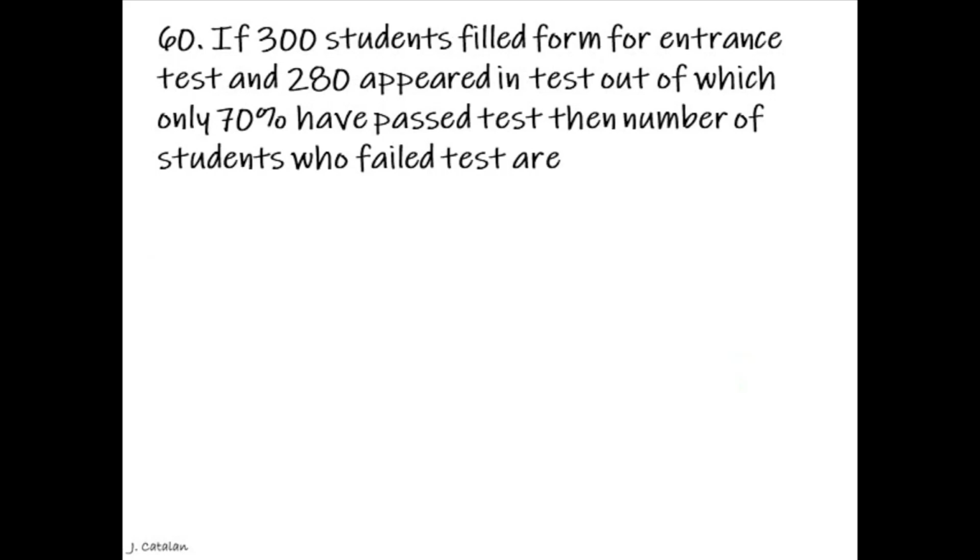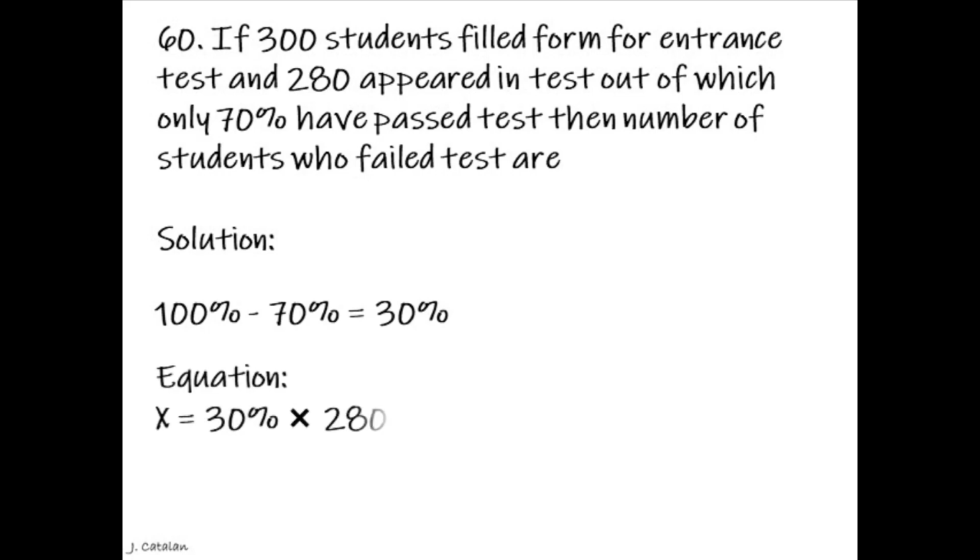If 300 students filled form for entrance test and 280 appeared in test out of which only 70% have passed test, then number of students who failed test are. Solution. 100% subtracted by 70% is equals to 30%. Equation. X is equals to 30% times 280.